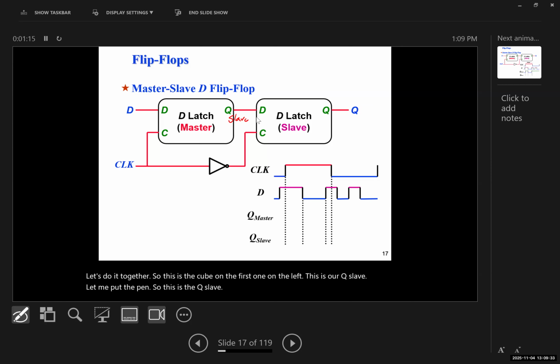I'm sorry, Q master, or I'm going to call it QM. And this is our Q slave. So master M and slave S: QM and QS.